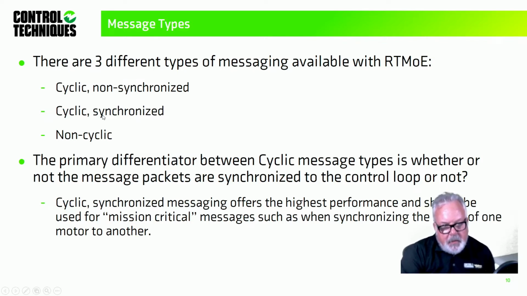So that is the highest performing type of message because that message is tied into the control loop in the drives once the clocks are synchronized. So you'd want to reserve these cyclic messages for things like sending the speed of one drive to the other, like I'm going to demonstrate. That's an example of a mission critical message packet.